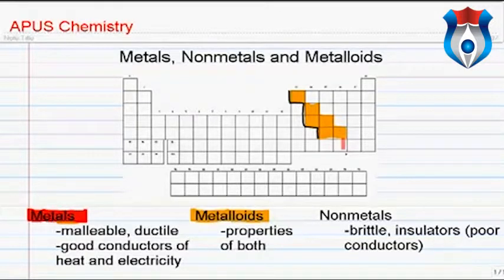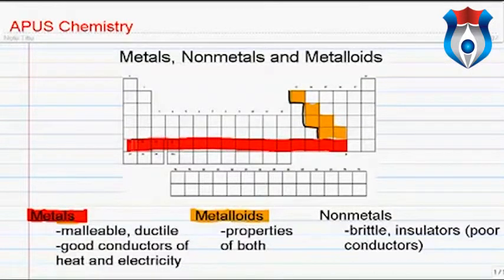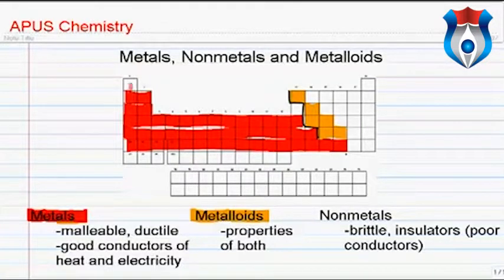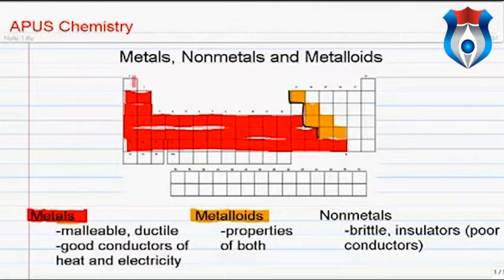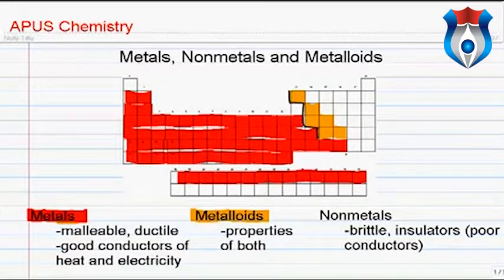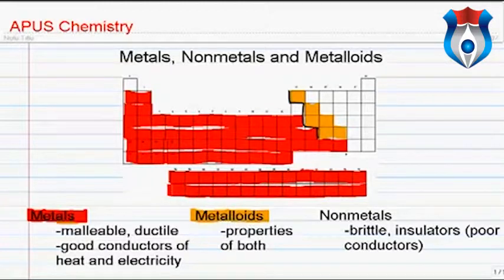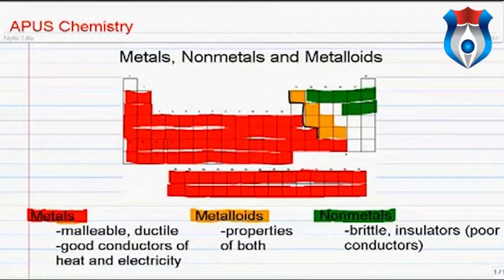The metals are here, and they're anywhere to the left of the staircase, except for, sorry about that, except for hydrogen. Hydrogen is one of the ones that is not considered a metal. And then you have the nonmetals to the right of the staircase. Again, these are brittle, poor conductors of heat and electricity. And don't forget hydrogen there.